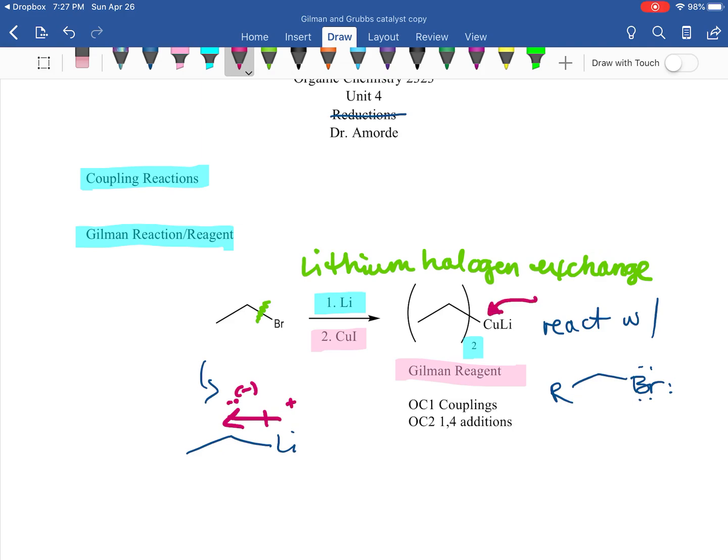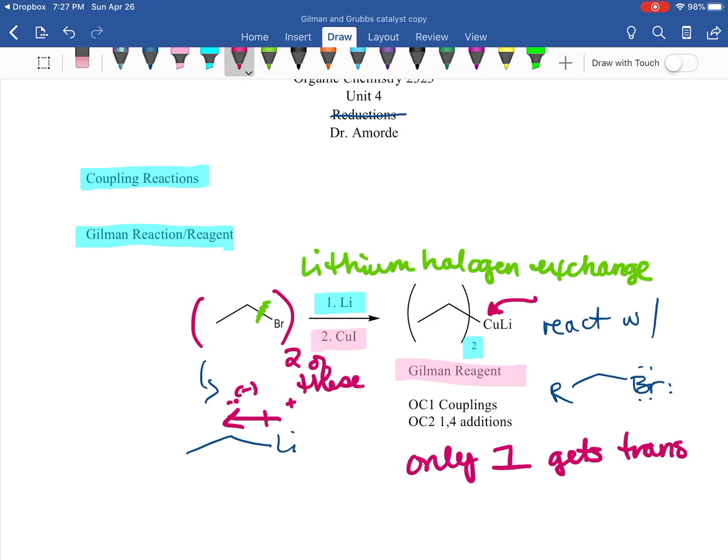So now that we know how to make our Gilman reagent, let's use it. The super secret with our Gilman reagents is that even though they have a 2 here, that's because of our oxidation state, and remember from the organometallics video, that is our coordination of copper. So you're going to need 2 of these, but only 1 reacts.